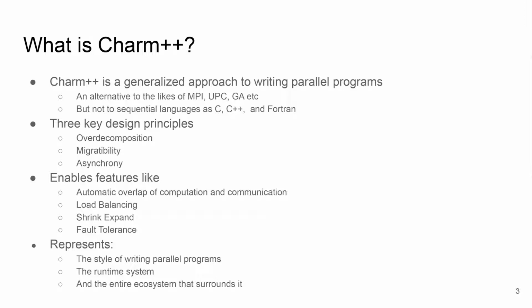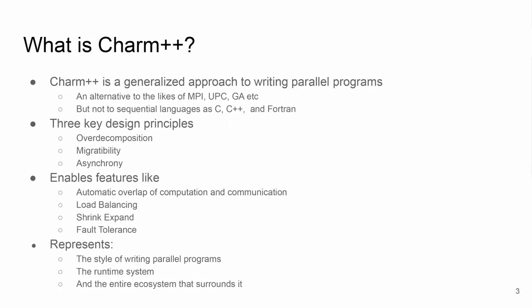So if an object, say the 23rd object, wants to talk to the 63rd object, you use a global handler and directly address the 63rd object, irrespective of which processor it's living on. So what that means for the runtime system is that the runtime system determines where the 63rd object, which is the receiver, is living, and makes sure that the message is sent to the right processor.